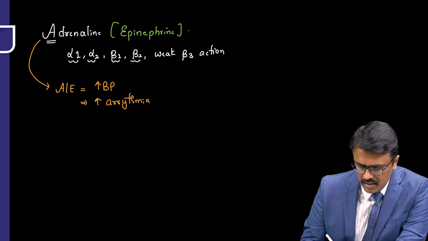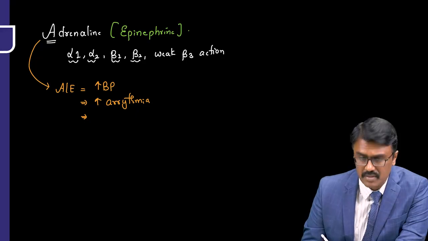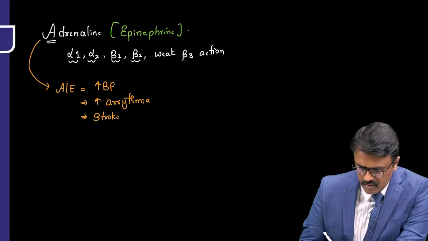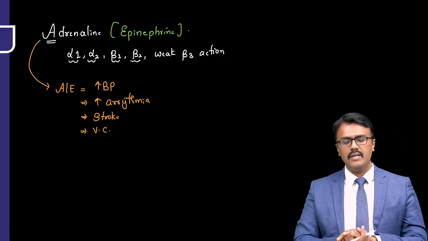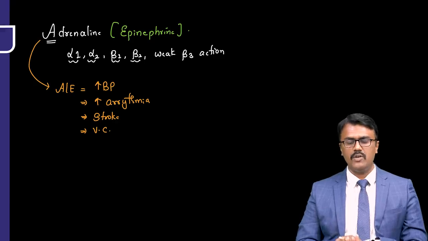What happens if arrhythmia increases? Yes, patient may die. What happens if the BP is high in the brain? Patient may have stroke. So it can also cause vasoconstriction. So that's the reason the drug is a beautiful drug, but you should be using it very, very carefully. It acts on all the receptors alpha 1, alpha 2, beta 1, beta 2, and has weak beta 3 action.